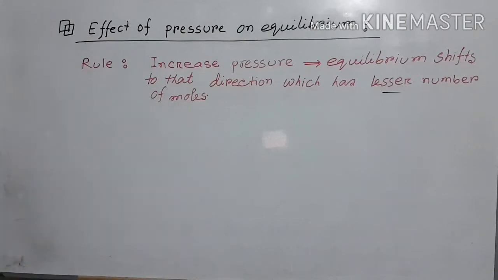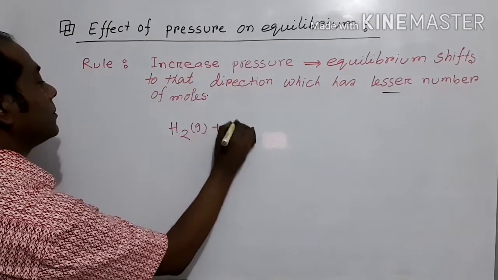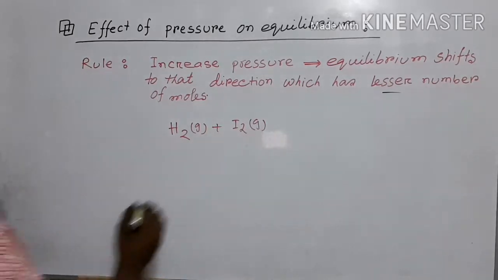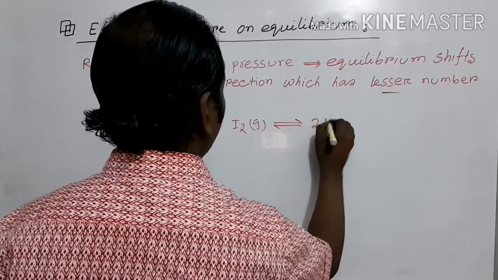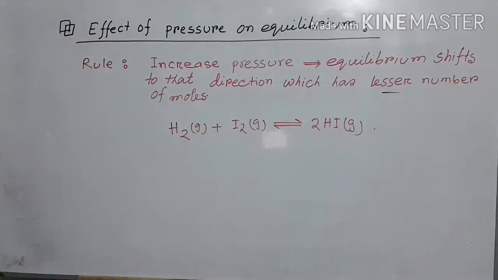For this type of reaction, hydrogen plus iodine to HI, where the mole number of reactant is equal to the mole number of product, pressure has no effect.